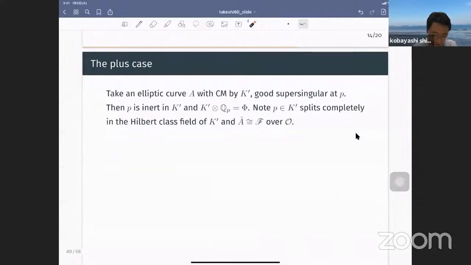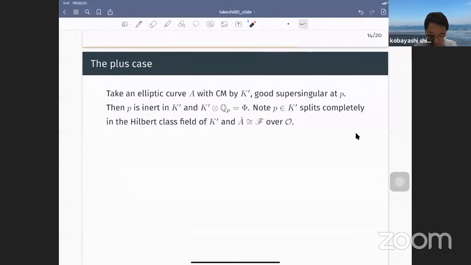Now we take an elliptic curve A. Note that this is different from E before. So actually we vary A. A is a CM elliptic curve, CM by K prime, an imaginary quadratic field, with good supersingular reduction at p.